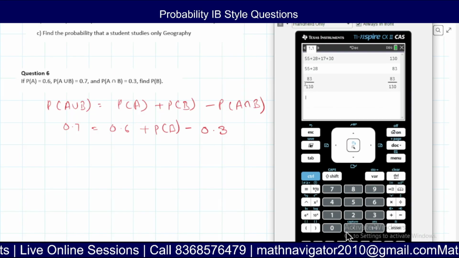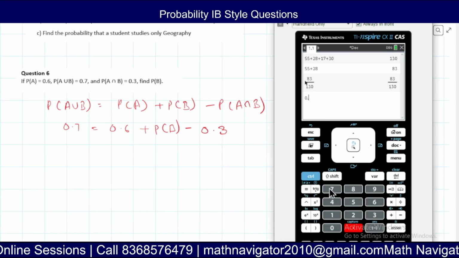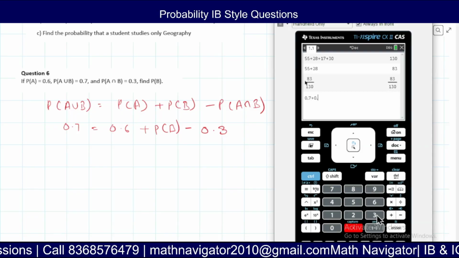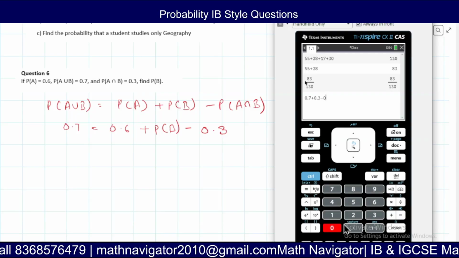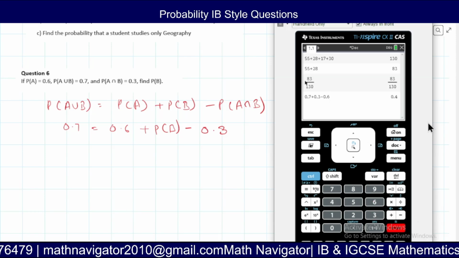So 0.7 plus 0.3 minus 0.6, hit enter. Answer is 0.4.